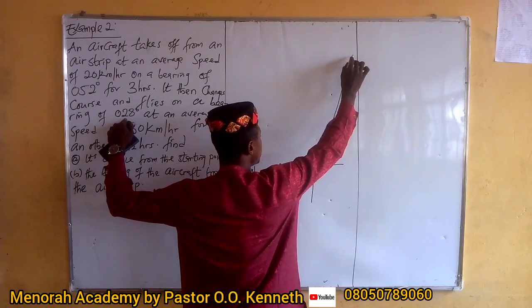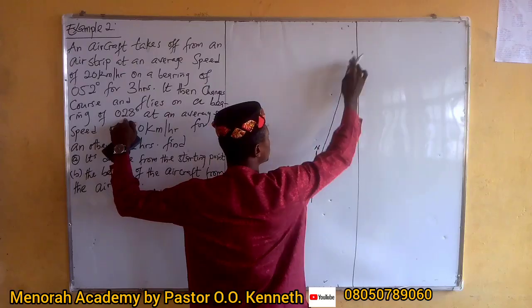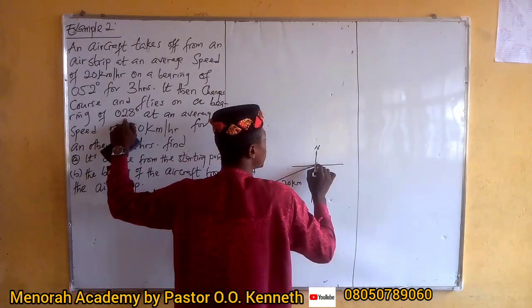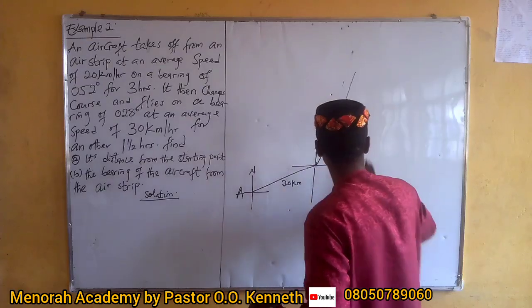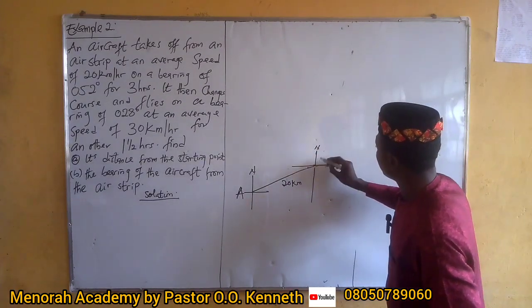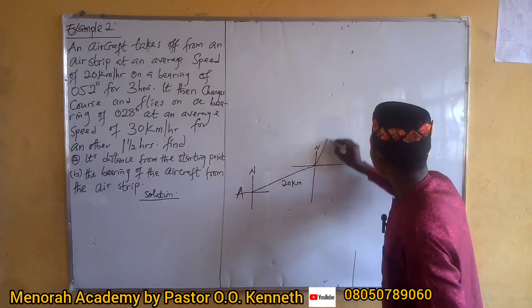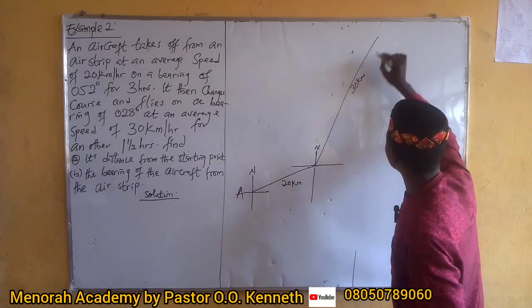And we are told that this 28 degrees, let me clean this line so that it will be bold enough, this is 28 degrees, and it flew for 30 kilometers.